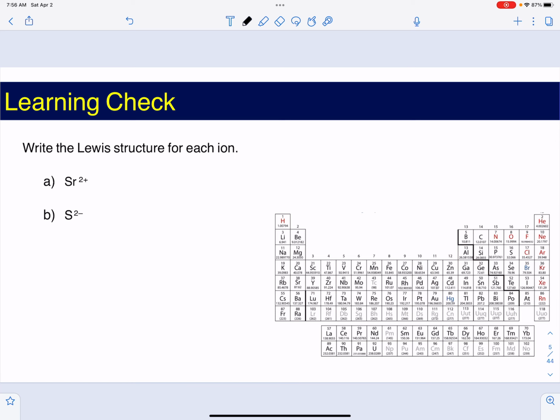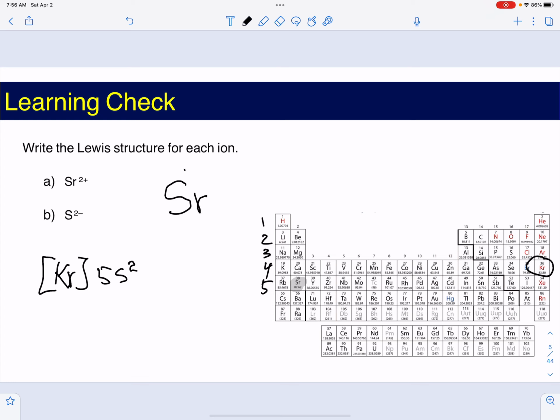Well, let's do the Lewis structure for strontium. Strontium is going to be here. So that means the noble gas prior to it will be krypton. So you're going to have krypton and 5s2, which means strontium has 2 valence electrons.